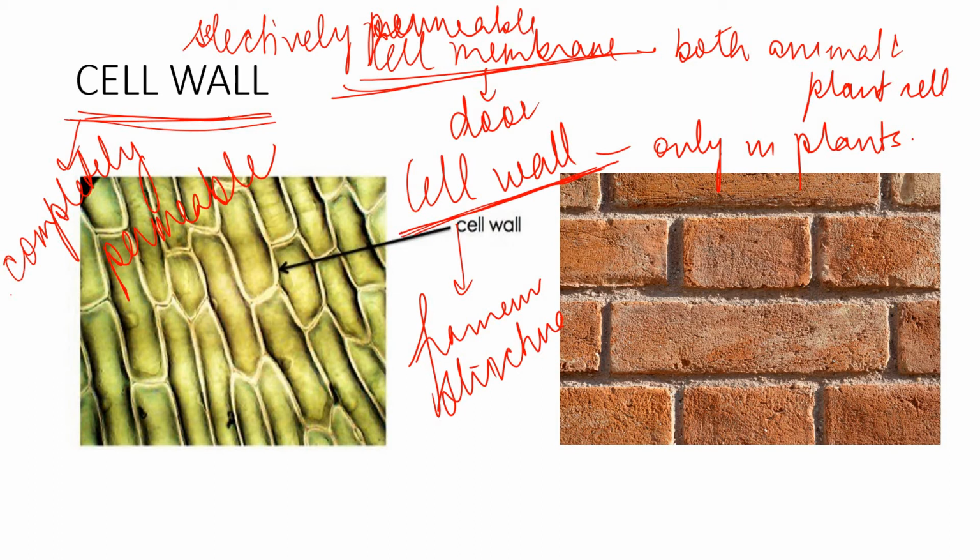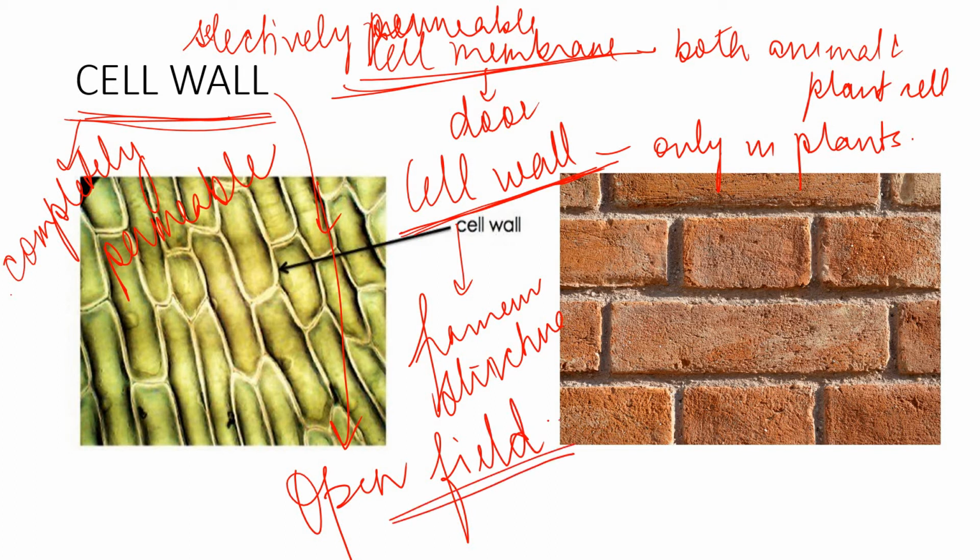So what can you say? If the cell membrane is like the door of the house, then the cell wall is just like an open field, right? An open field, you go, run, exercise, do whatever you would like to do.